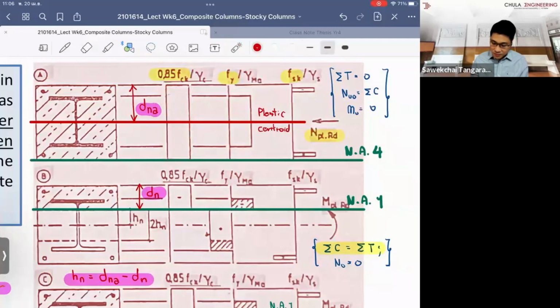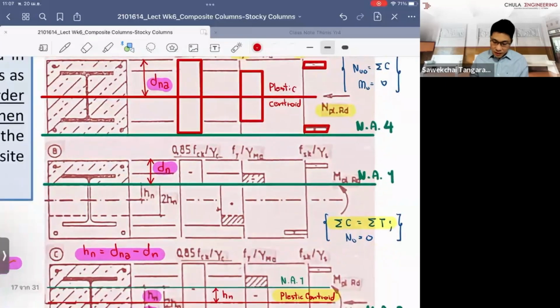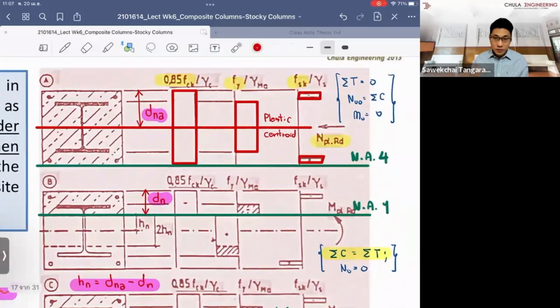For example, we have this compression stress here in the concrete, in the steel beams, and in the reinforced bar, right? That's why at point A you have the full compression force, because everything goes to compression.